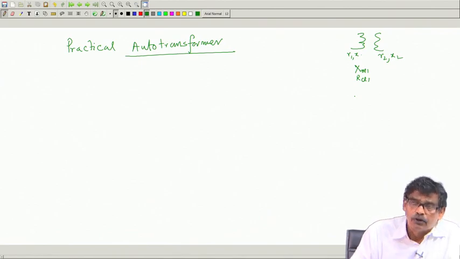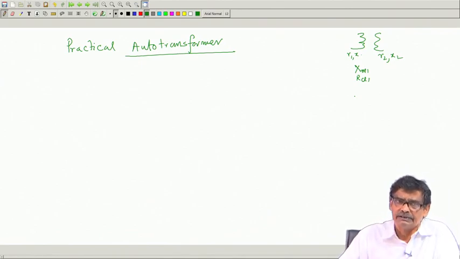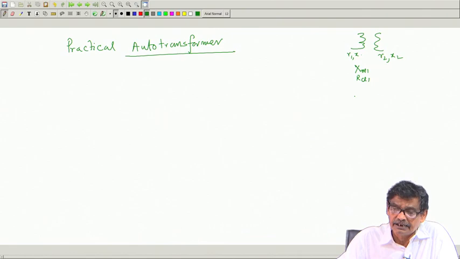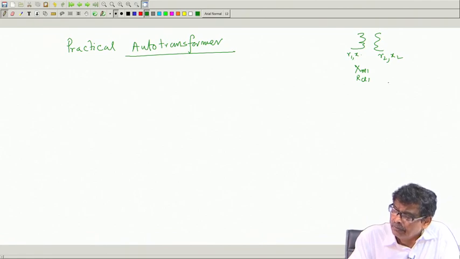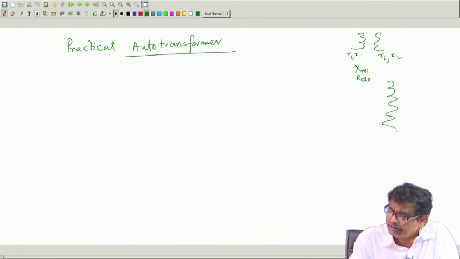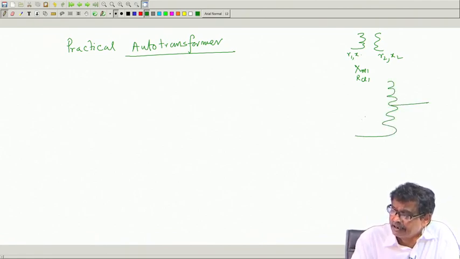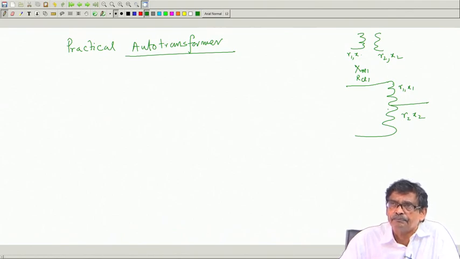So, similarly, in the auto transformer, since there is a core, there is time varying field, therefore, there will be core losses, and not only that, there will be, this is the auto transformer where a fixed tapping is taken. So, this portion of the winding will have R 1 x 1, this portion of the winding will have R 2 x 2 and so on. Similarly, the magnetizing branch and no load current.